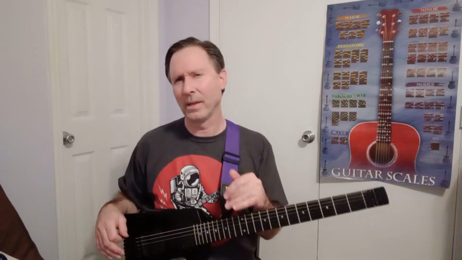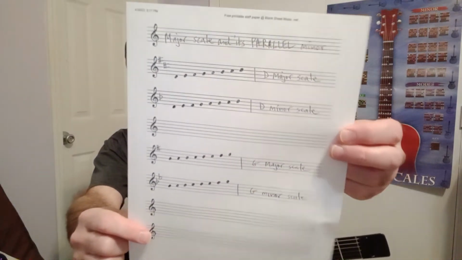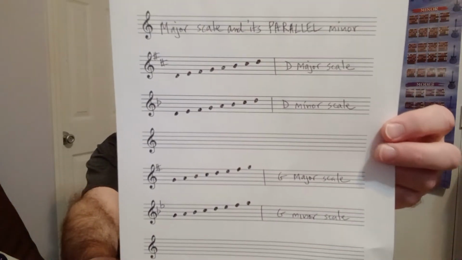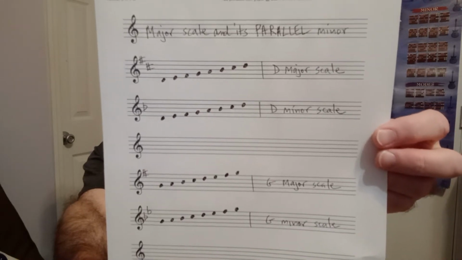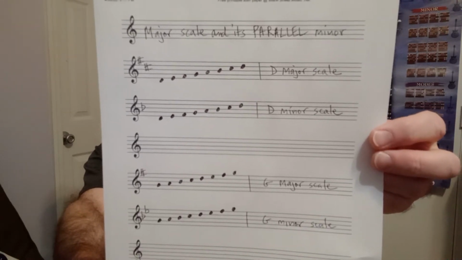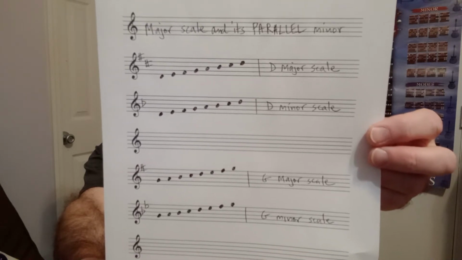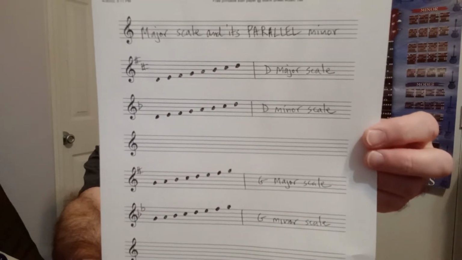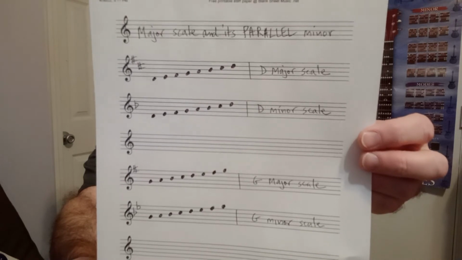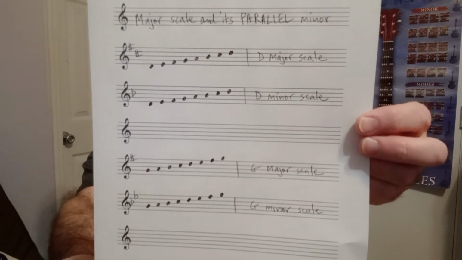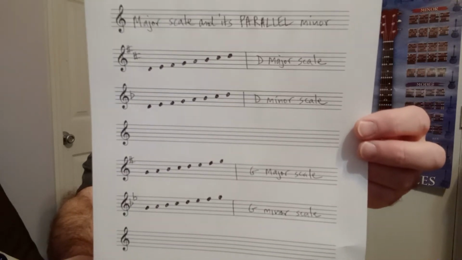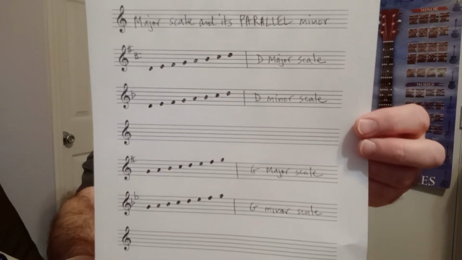So how do parallel keys differ from relative keys? Here's my next graphic. Okay, you see 2 different examples here of parallel keys. So you see a D major scale, but then below it, D minor, D natural minor to be exact. And then the last example is a G major scale, and its parallel minor, which would be G minor.